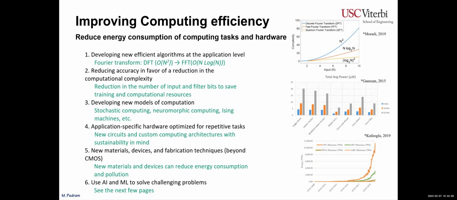I give some of them here, right? So developing new efficient algorithms at the application level. A well-known, easy example is I want to do a Fourier transform. I could use DFT, that's order n squared. If I use FFT, somebody had to develop FFT, but once it's developed, we use it. Now we go from order n squared to order n log n, right?